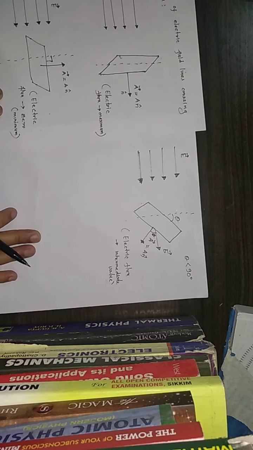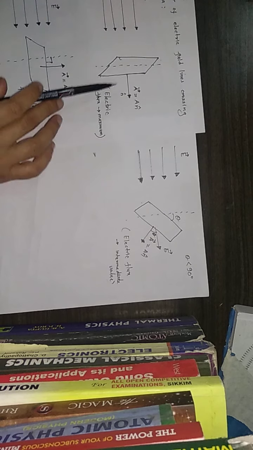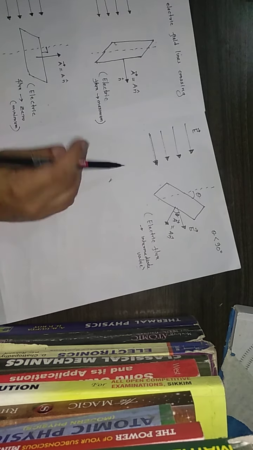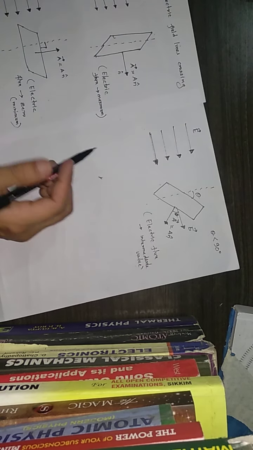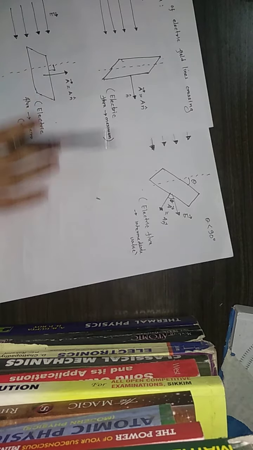So what strikes in our mind is, we can write these three particular cases in a mathematical form. The mathematical form for this electric flux is a dot product between the electric field and the area vector.